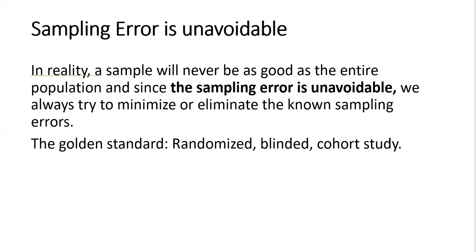Also, it has to be blinded, and if we're trying to prove causality, not just show association, it has to be a cohort study. Cohort is another name for group. So we have two or more groups that we apply different treatments to, and later we're going to compare the results in those groups.